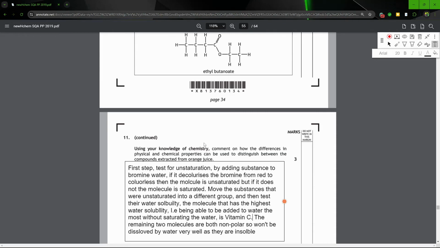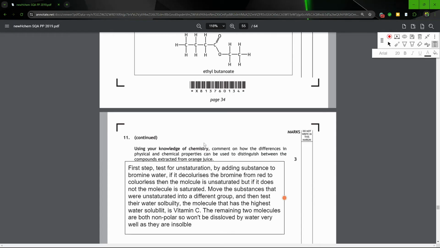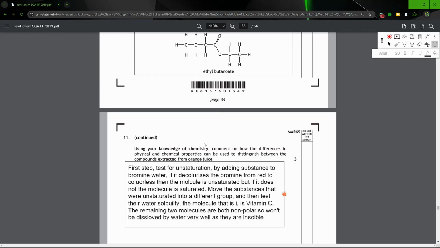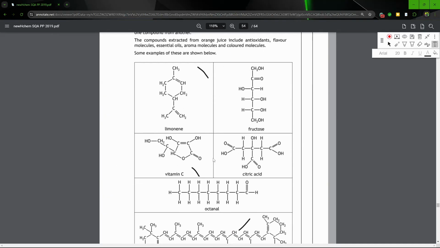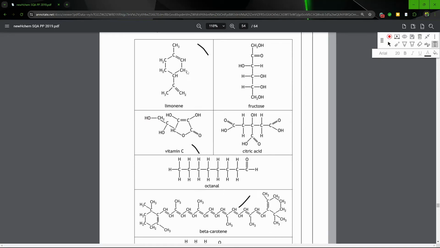I'll just go and clean this up. We'll just say those two are pretty much insoluble. The molecule that is dissolved by water is vitamin C. Polar, so soluble. And then all we need to do now is distinguish between beta-carotene and limonene.